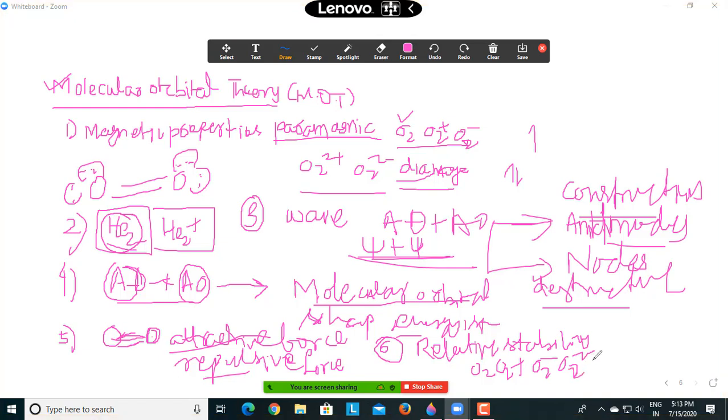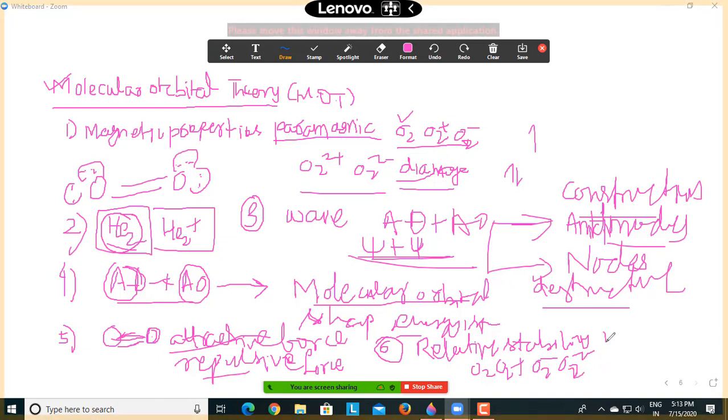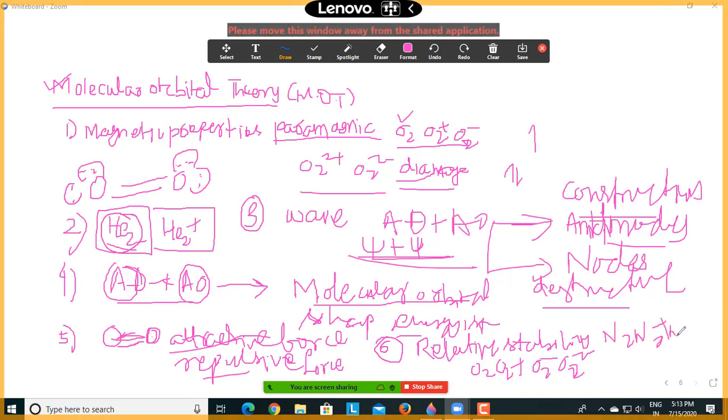So relative stability of different ions: N2, N2 plus, N2 minus. Okay. Bond order cannot be determined from this directly, but by the new theory we can find bond order. So all these are drawbacks. That's why we are taking a new theory.